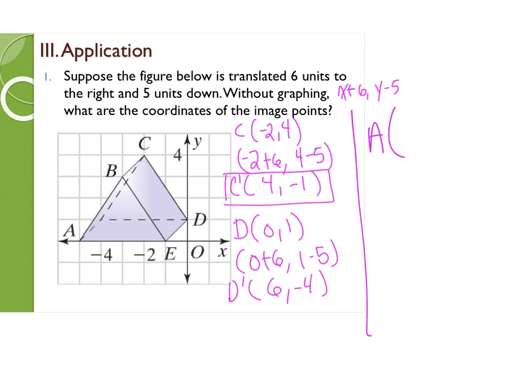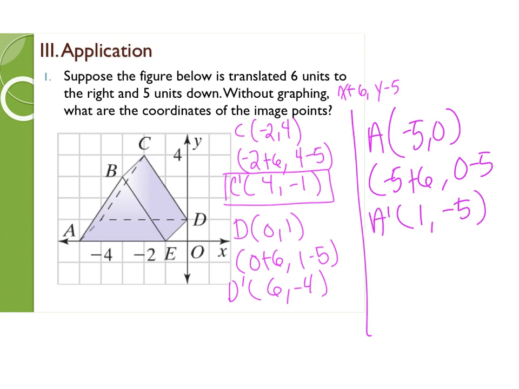A will be next. A, negative 5, 0. Negative 5 plus 6 and 0 minus 5, 1, negative 5 will be A prime.